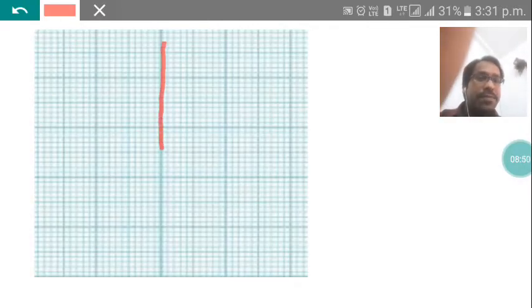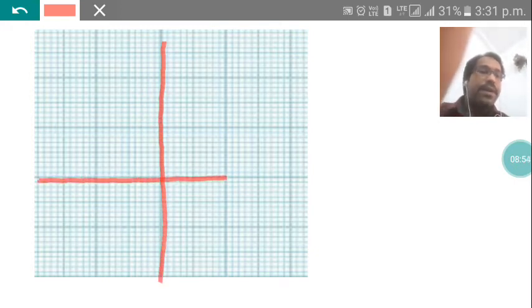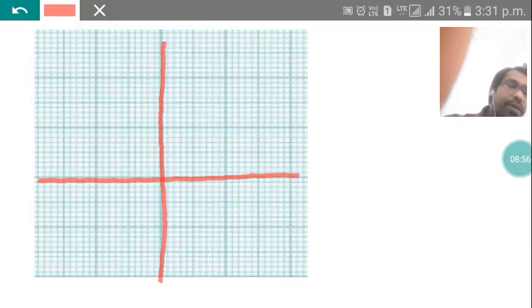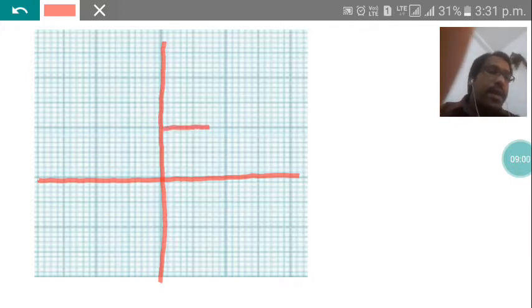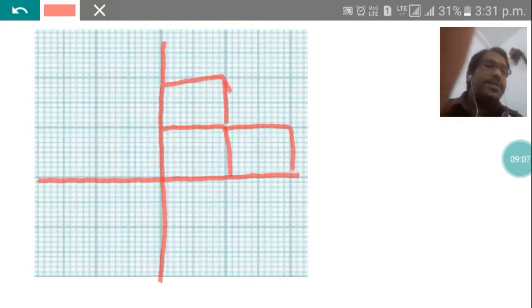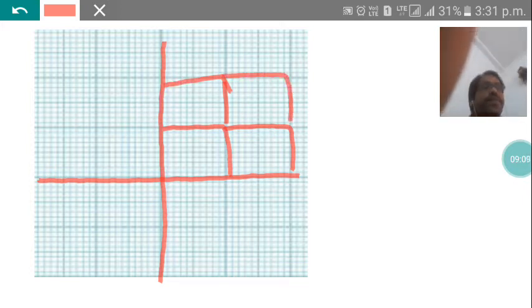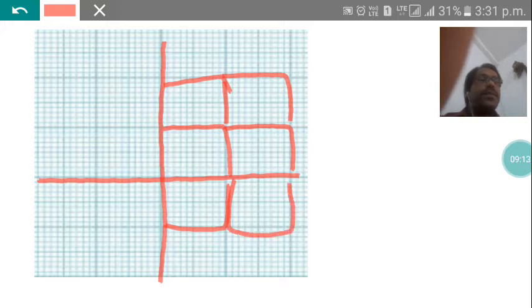So suppose this is my y axis and this is my x axis. I have drawn them. Then you will observe that there is equal distribution. Squares are there everywhere. These are called the big squares, and they have equal divisions.